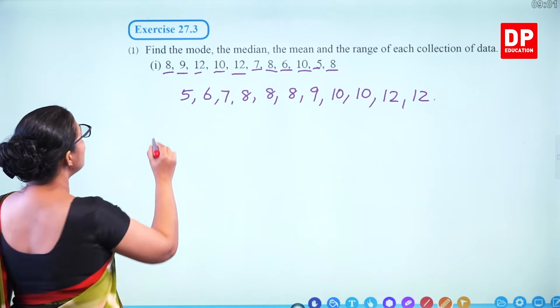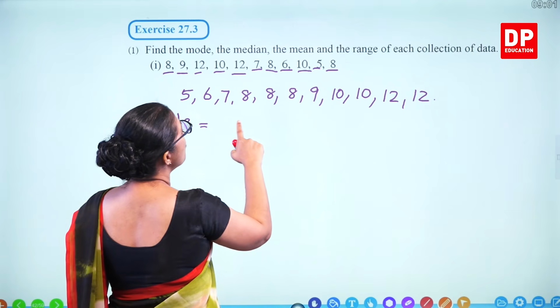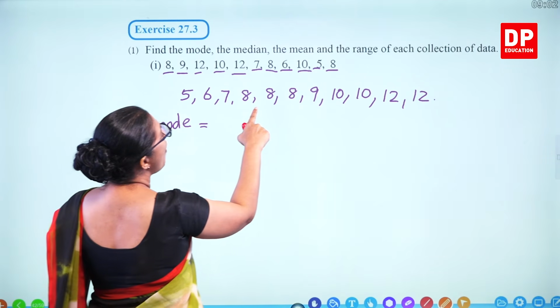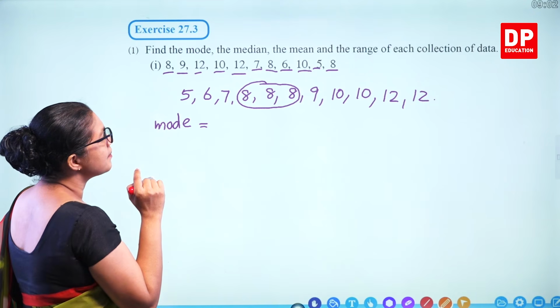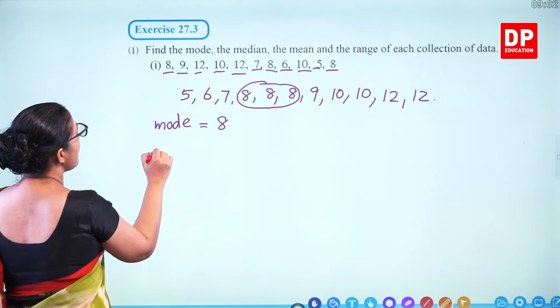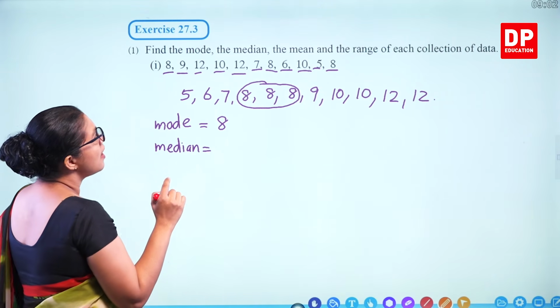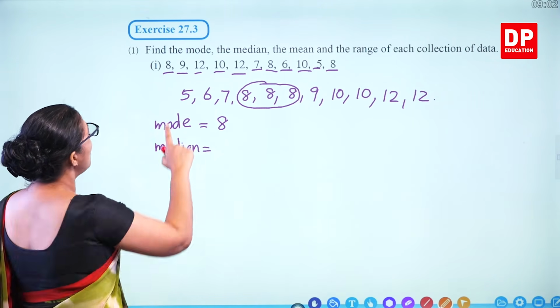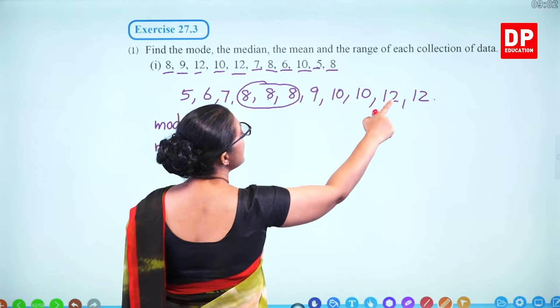Now, what's the mode value? Mode, most common number, 8, we can see 3 times. So 8 is the mode value. Median, how many numbers are there? 1, 2, 3, 4, 5, 6, 7, 8, 9, 10, 11.